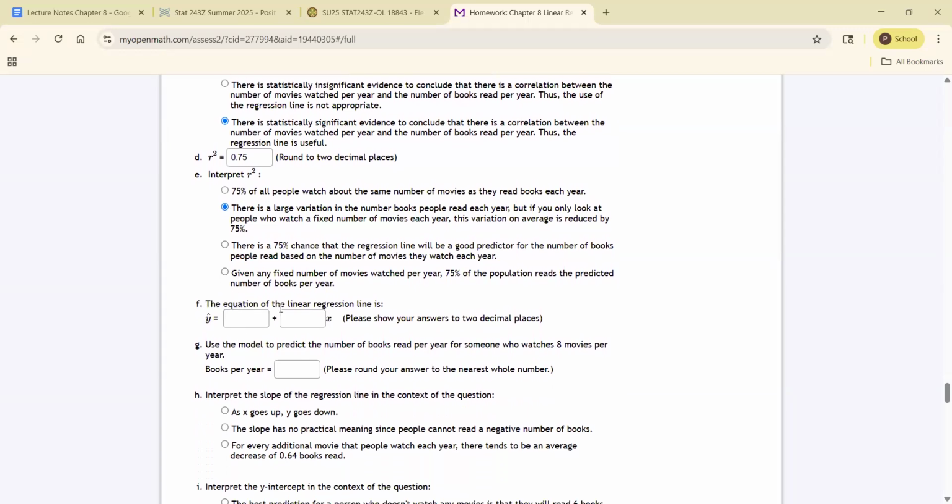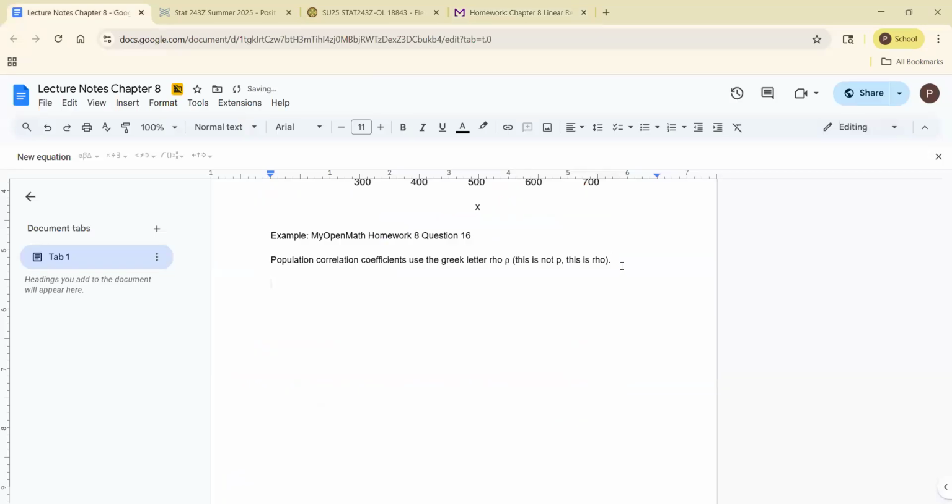Now let's put in the equation of the regression line. And here is another difference. I'm going to copy and paste this into the lecture notes. In MyOpenMath, the equation of the regression line, aka line of best fit, is written backwards.